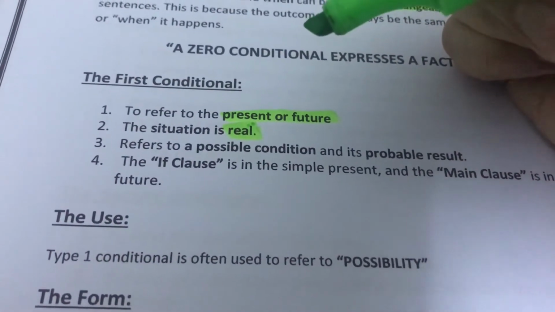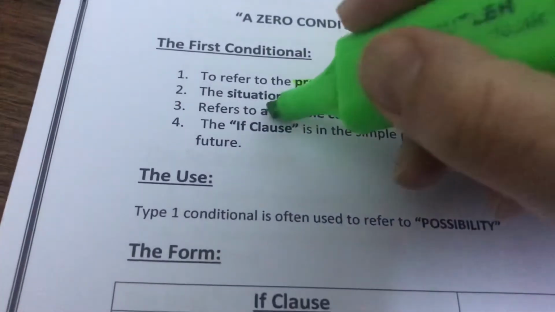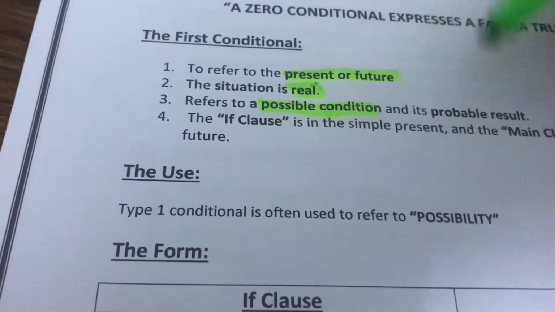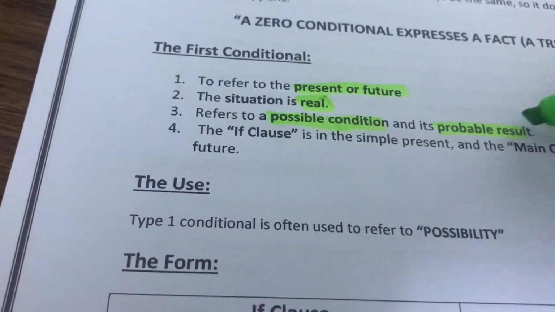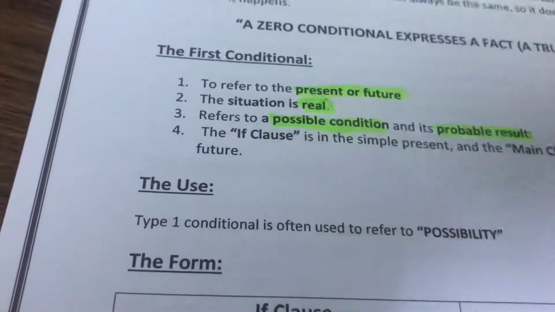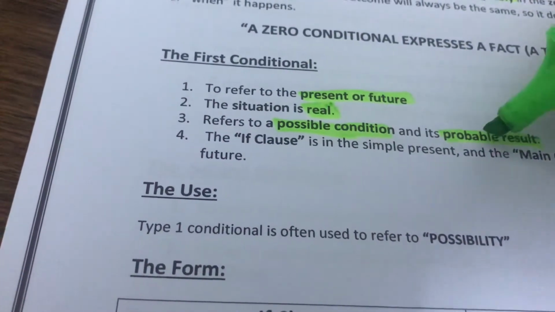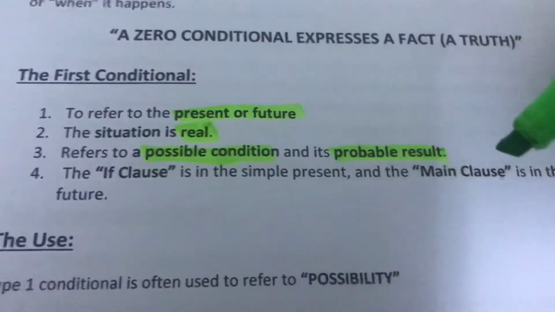So here it talks about possibility. And its probable result, which is a synonym of possible, so the result will also be probable.